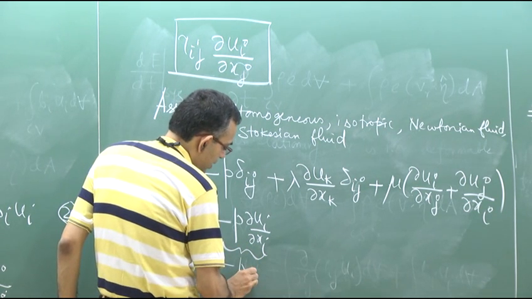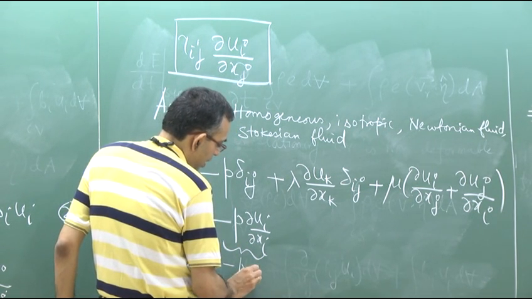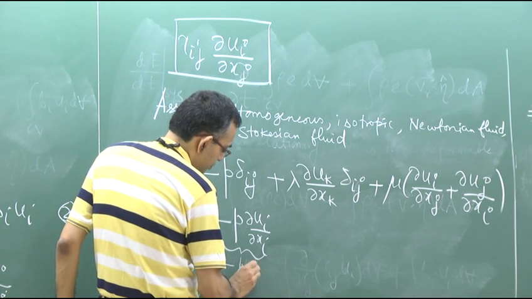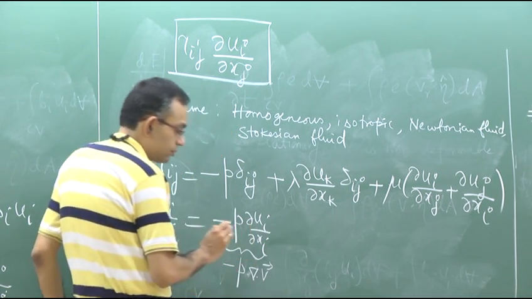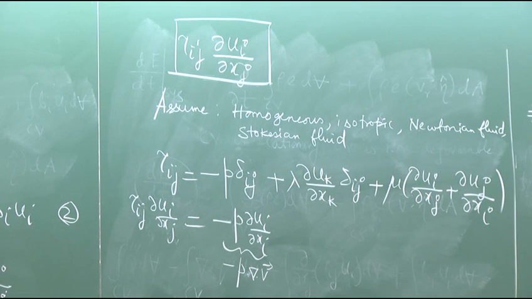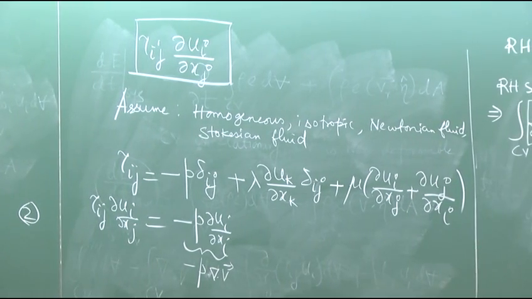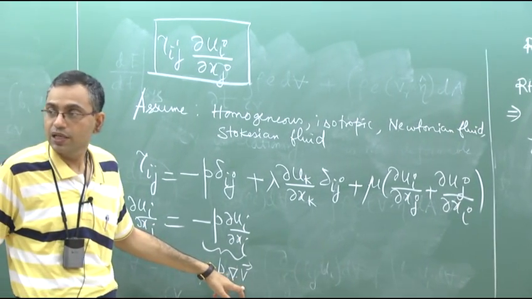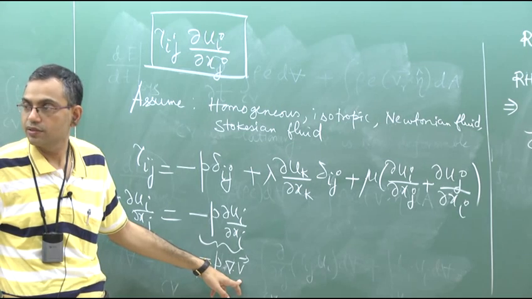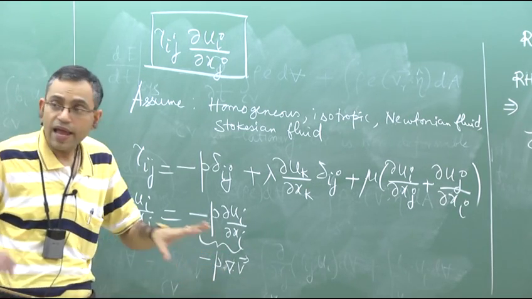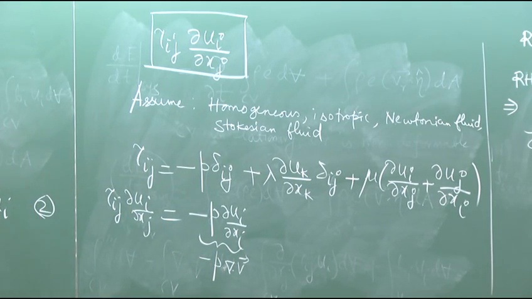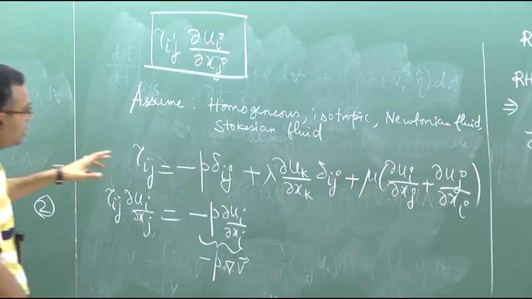This is minus P into del dot V. So, this is like the PDV work in thermodynamics, because the divergence of the velocity vector gives the volumetric change. So, this is analogous to PDV. So, we will isolate that with the viscous component.